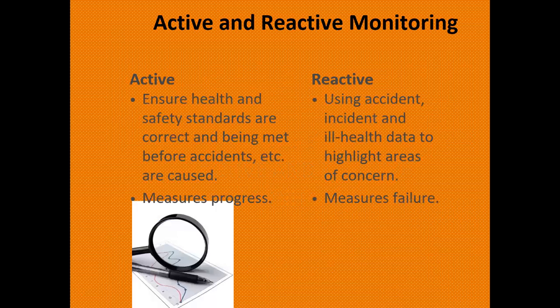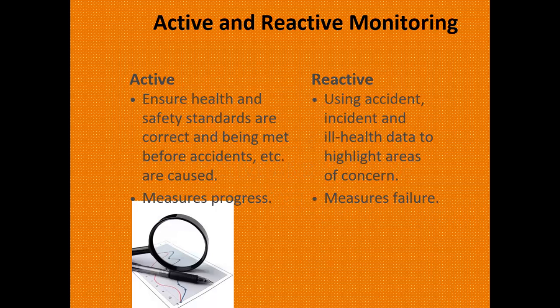So element 5.1 is active and reactive monitoring. Active monitoring, I will explain in simple words: what you are doing to avoid any incident. Any measures taken by the organization, by the employer or by the management to avoid incidents and make the workplace safe are known as active monitoring.